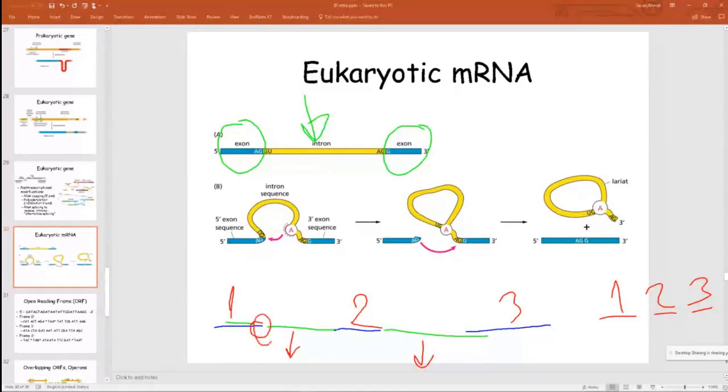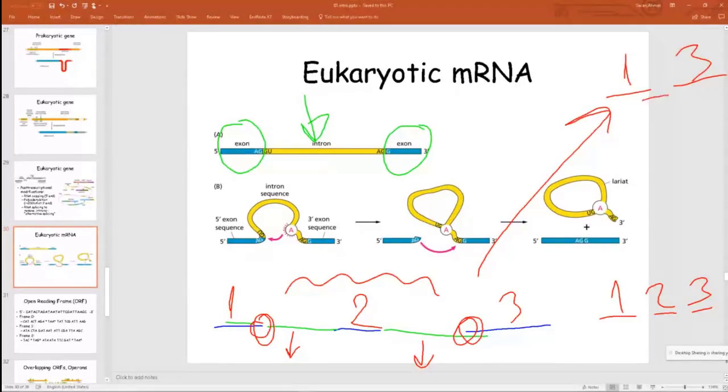Or we could match this end with that end and remove this portion entirely, which will result in domains only 1 and 3 being produced as the mRNA. And when you use domains 1 and 3, you're going to end up with a different protein product. When you use domains 1, 2, and 3, you get a protein portion, and a different portion that's linking the 2, 1, and 3. The alternative splicing gives rise to different protein products.